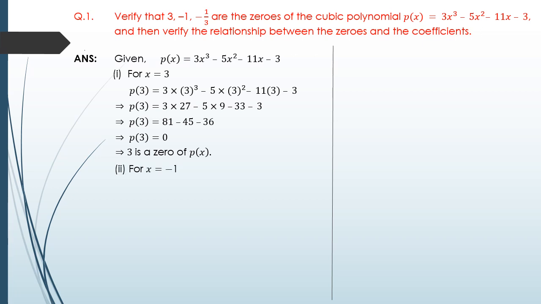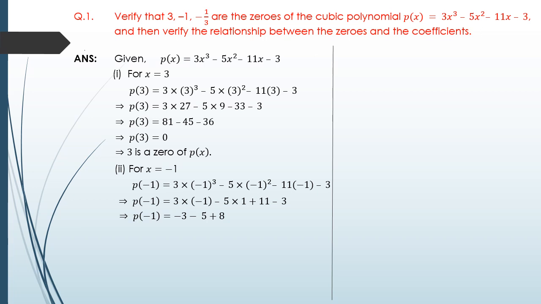Similarly, we'll do for minus 1. We'll put x = -1 in the given polynomial. So we will get 3 into (-1) cube minus 5 into (-1) square minus 11 into (-1) minus 3. Doing the calculations, we'll get 3 into -1 minus 5 into 1 minus 11 into -1, which gives plus 11, minus 3.